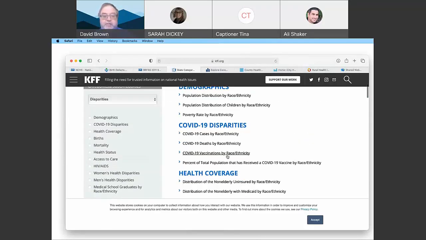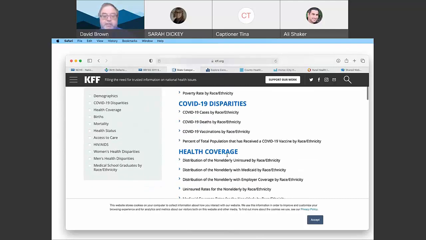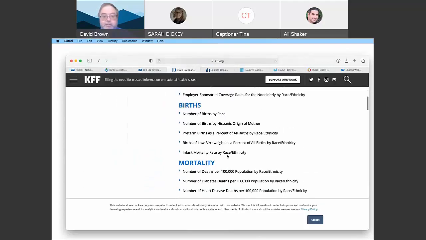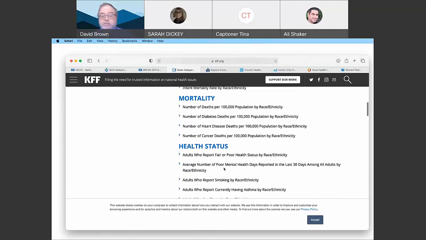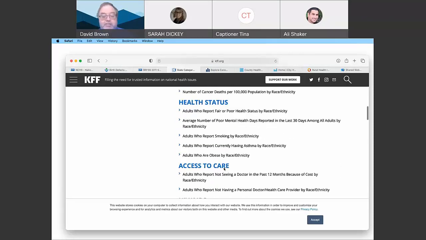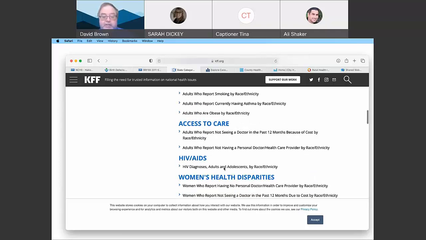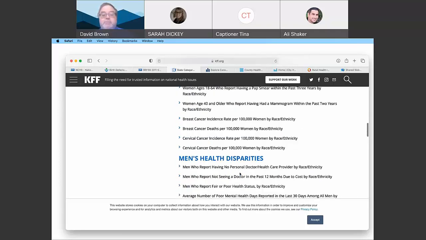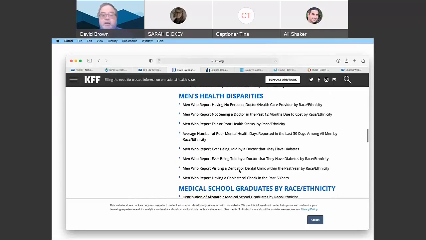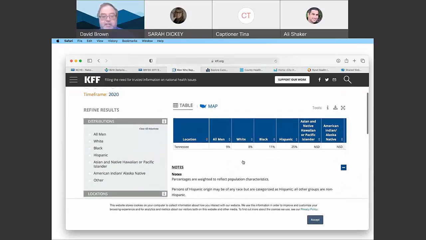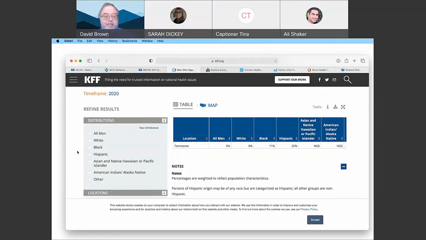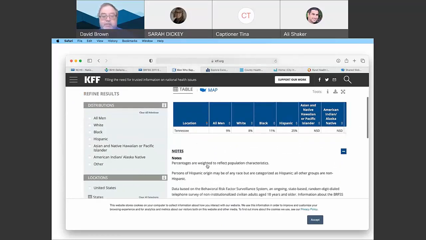It can be specifically COVID disparities, health coverage, births, mortality, all sorts of good data here, all sorts of good statistics in general that we can look at. On HIV, women's and men's health disparities. Again, you can pull it up. It'll pull up a usable table here, and you can refine the results as you go along.